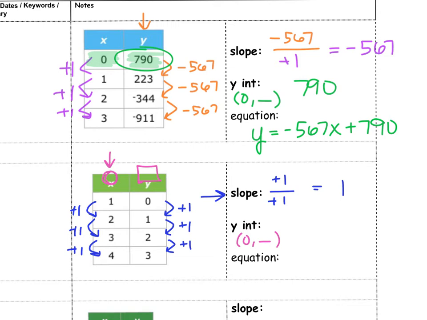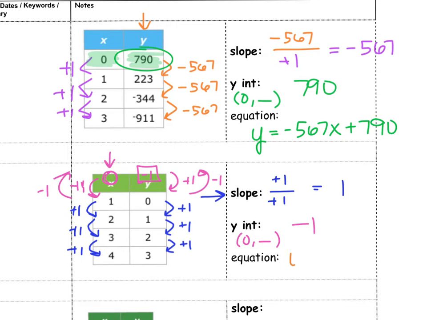And we're going to keep following that pattern. Well, to go from 0 to 1, I just have to add 1. So I'm actually going to be able to do the same pattern. What plus 1 is 0. You could work backwards, subtracting 1. Well, if I subtract 1, I end up with negative 1. So my y-intercept in this case is negative 1.